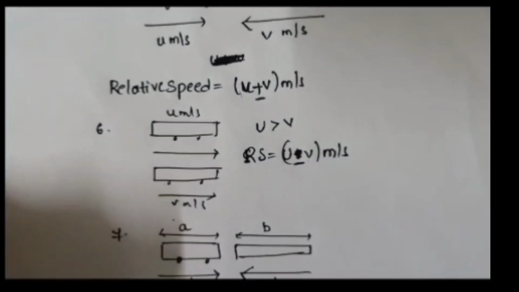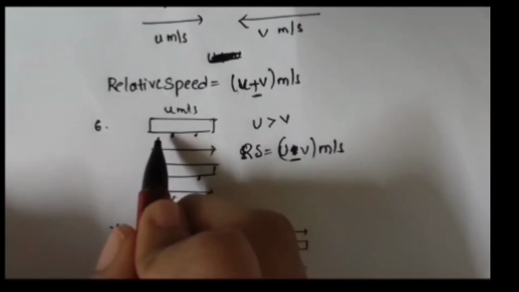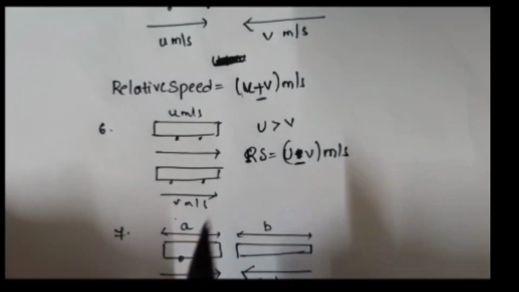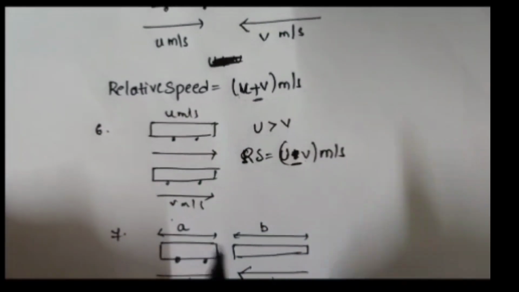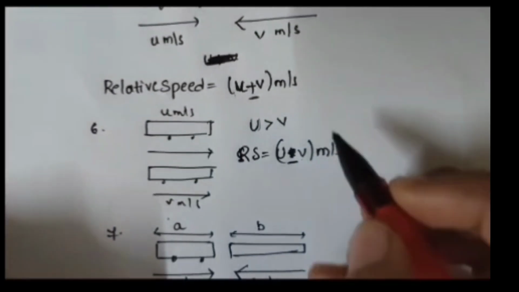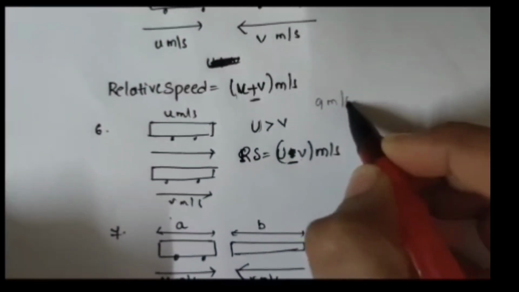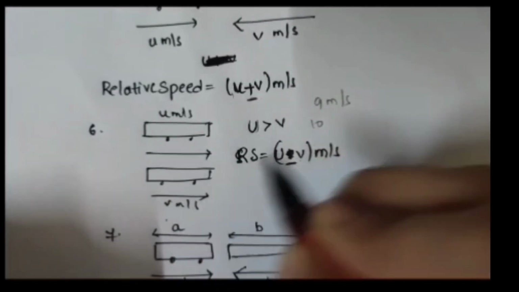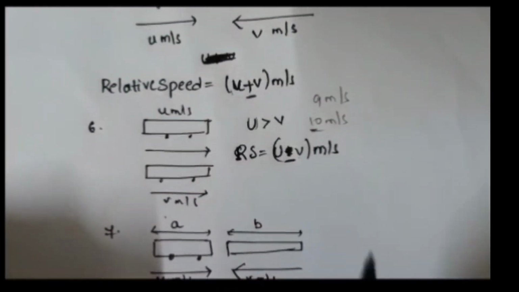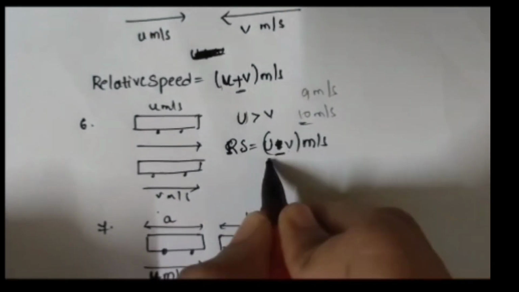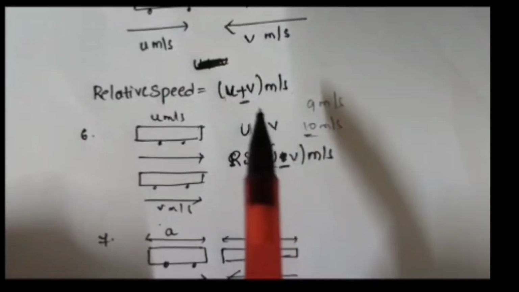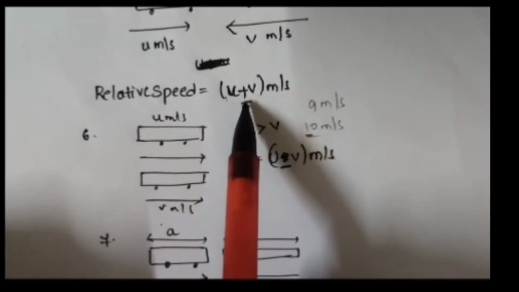When they are moving in the same direction, if the values are, say, 9 meter per second and 10 meter per second, you consider u as the greater value, then u minus v meter per second.